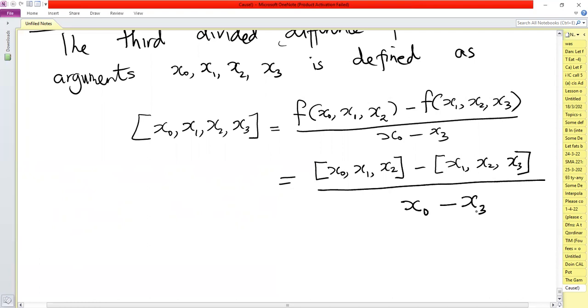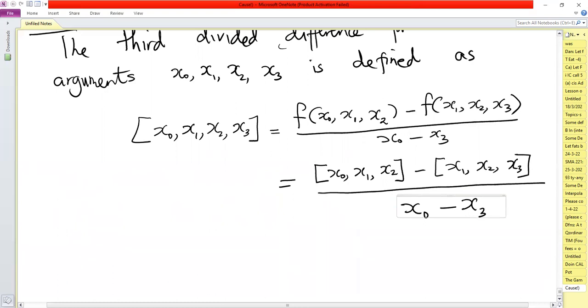And similarly, we can define the fourth divided difference, the fifth divided difference up to the nth divided differences. Now let's demonstrate how to do a divided difference table.